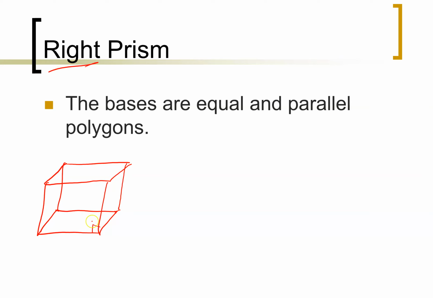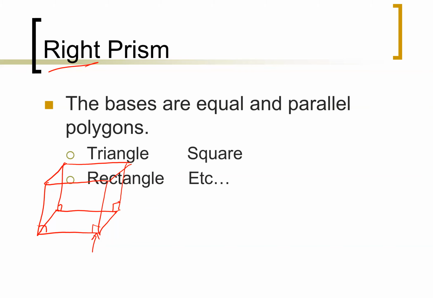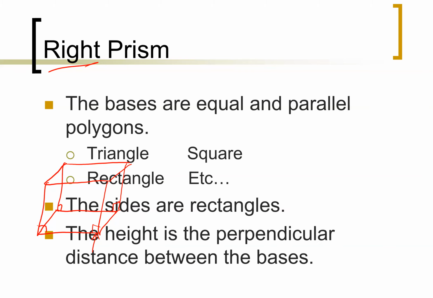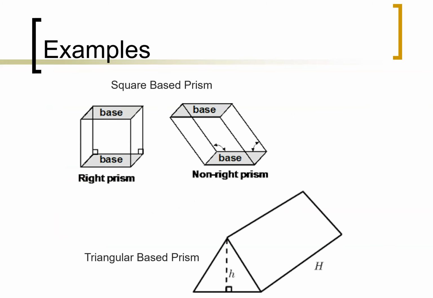And right means you have perpendicular sides. They're straight up, all of them are perpendicular. We are not dealing with formulas for anything that does not have perpendicular sides in a prism. So we're not dealing with anything like that in this section.